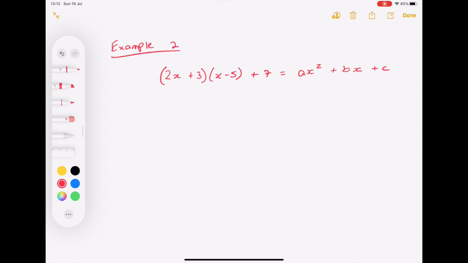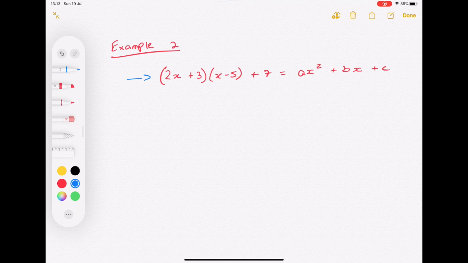Okay guys, so here's our sort of medium example. The first thing we're going to do here is examine this equation that we have. As it stands, this isn't really ready for us to make a comparison on, because the two sides are just too different. You'd have to think a few steps ahead and do too much in your head, and risk making an error if you compare at this stage.